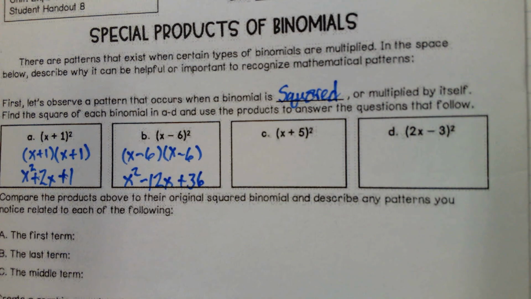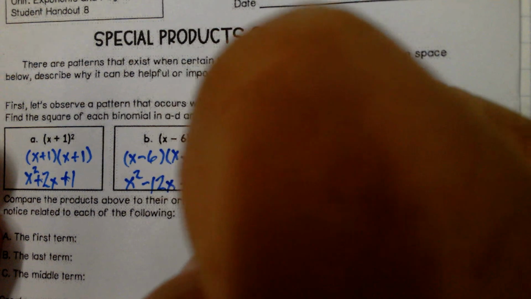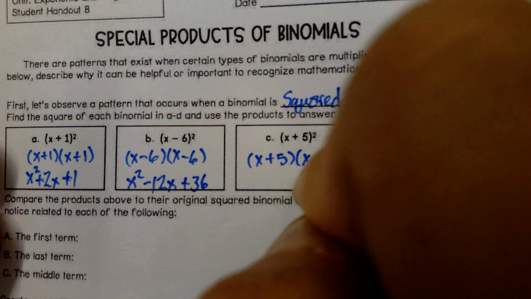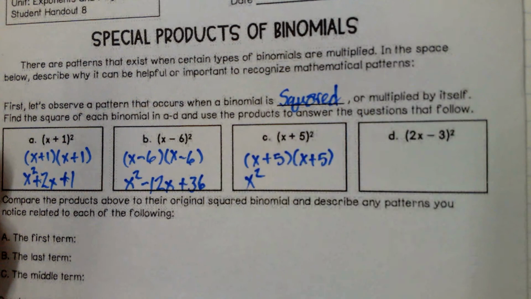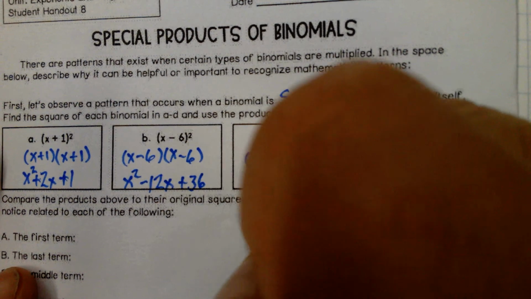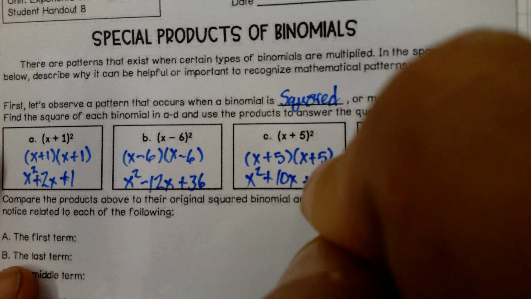And then negative 6 times negative 6 is plus 36. Okay? All right, now, guys, come on. X plus 5 times x plus 5. X squared, 5x and 5x gives us 10x. And then 5 times 5 is 25.